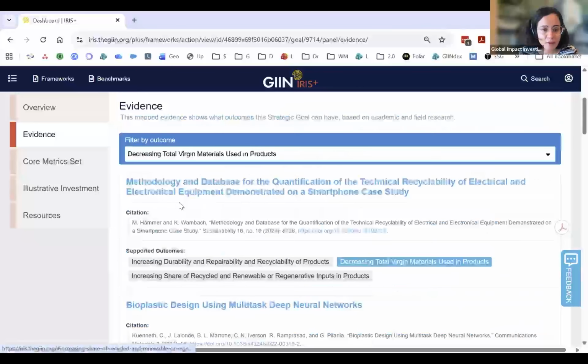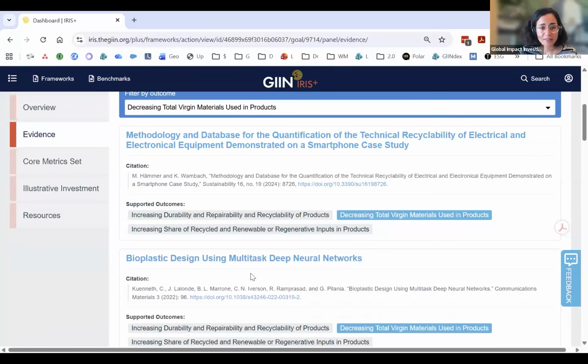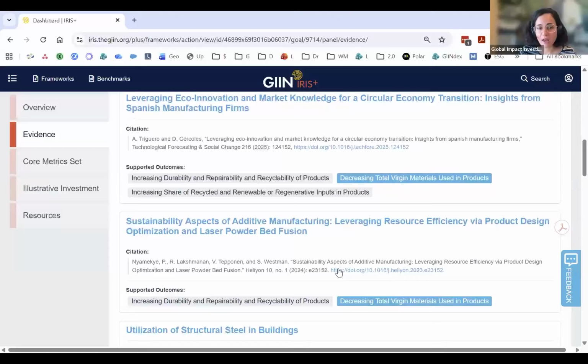For example, methodology and database for the quantification of technical recyclability of electrical and electronic equipment demonstrated on smartphone case study, bioplastic design using multitask deep neural networks, and others.